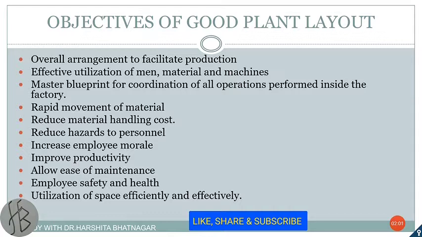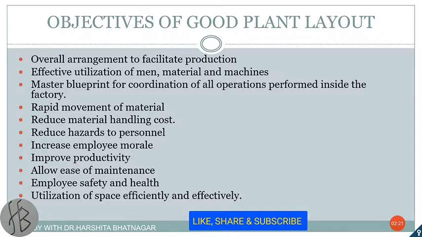A good plant layout strives to attain these objectives: the overall arrangement should be done in such a way as to facilitate the production and effective utilization of man, material and machine. It is the master blueprint for coordination of all operations. It helps in the rapid movement of material.